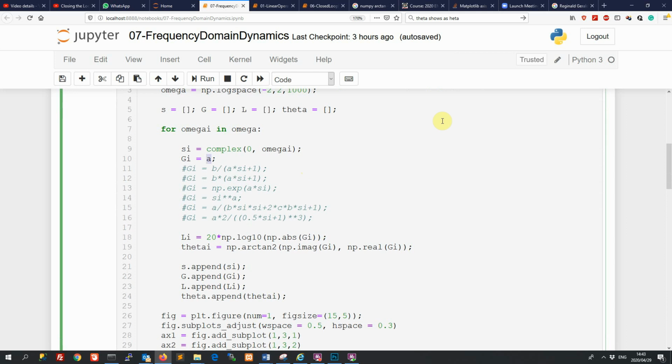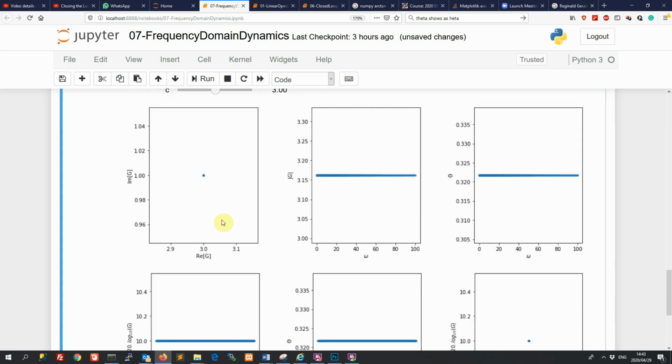Let's just say S equals complex, and we'll set a real part of 3 and an imaginary part of 1. And now you can see here the real part is 3, the imaginary part is 1. The magnitude is not 3. The magnitude is now the square root of 3 squared plus 1 squared, which is that.